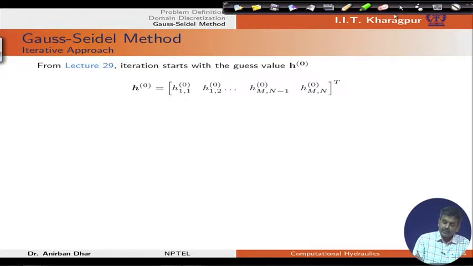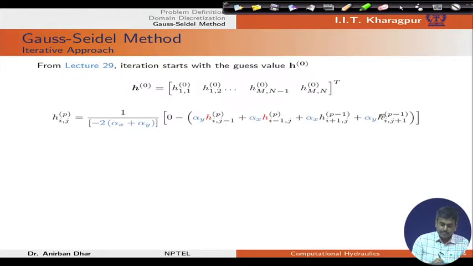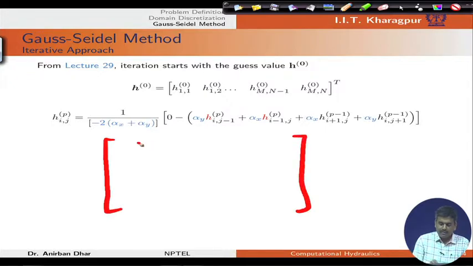Now, with this guess value I can write this one, because anyway we are solving this problem as full matrix in our previous case.